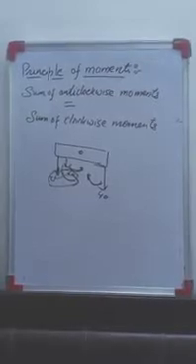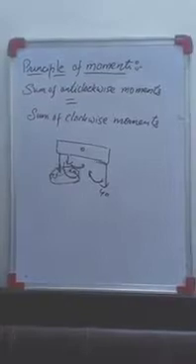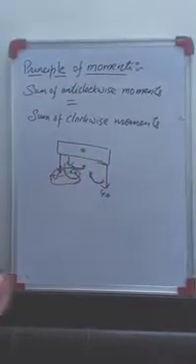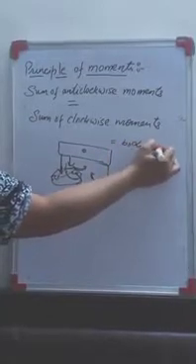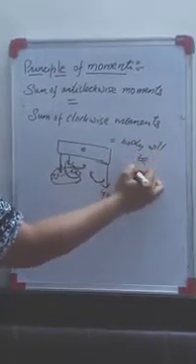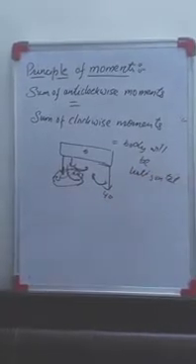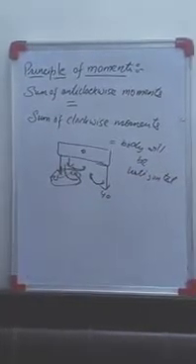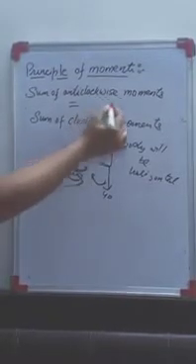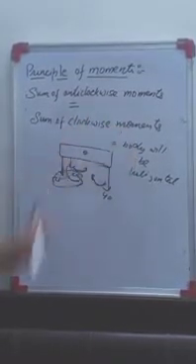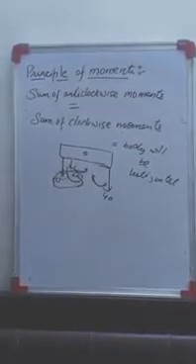The principle of moments says that if the sum of clockwise moments is equal to the sum of anti-clockwise moments, in that case the body will be horizontal, because there will be no rotation. When the clockwise moment becomes equal to the anti-clockwise moment, the body will be horizontal.